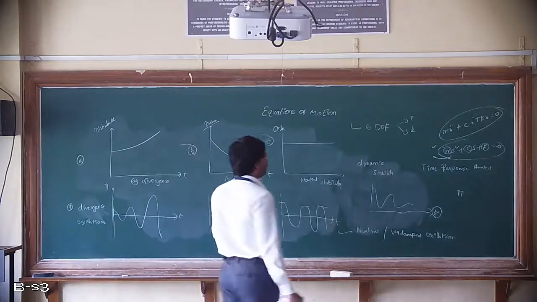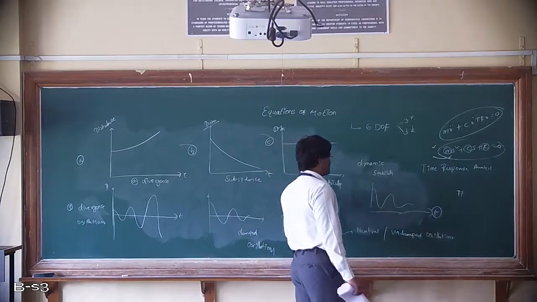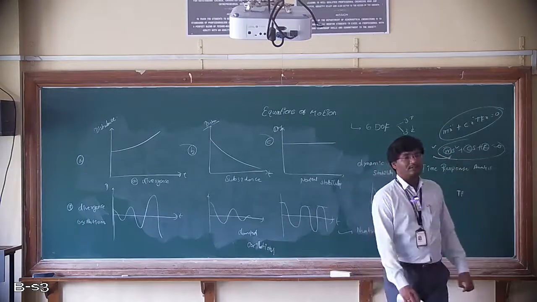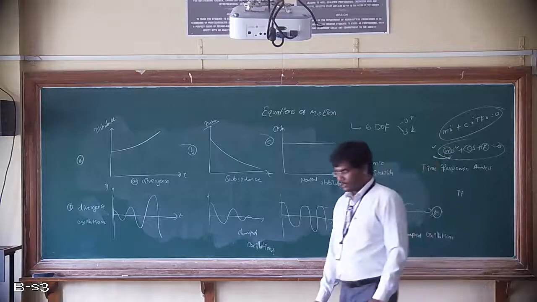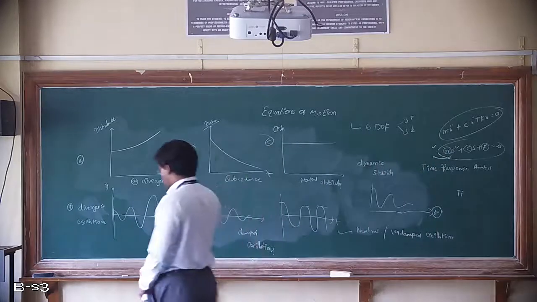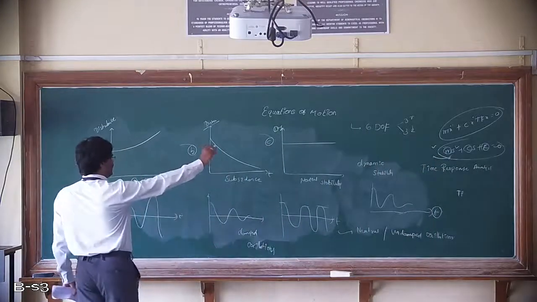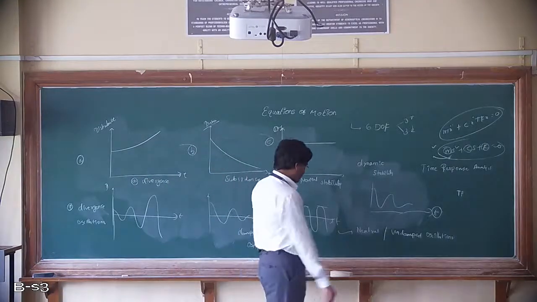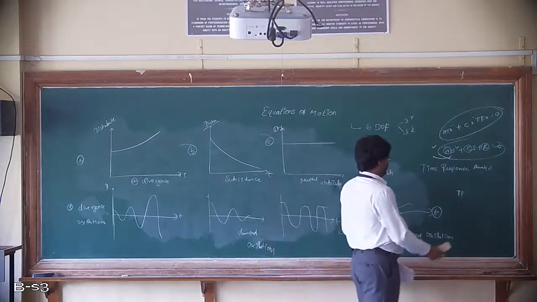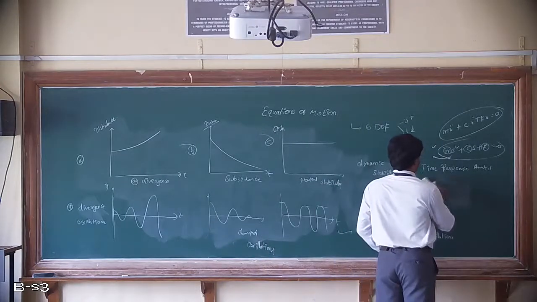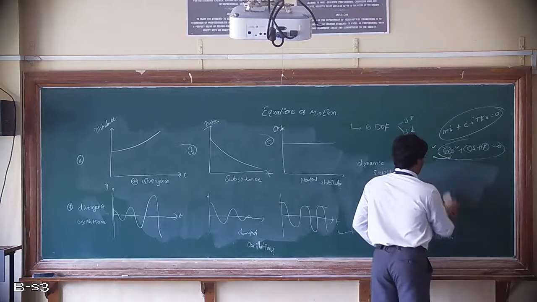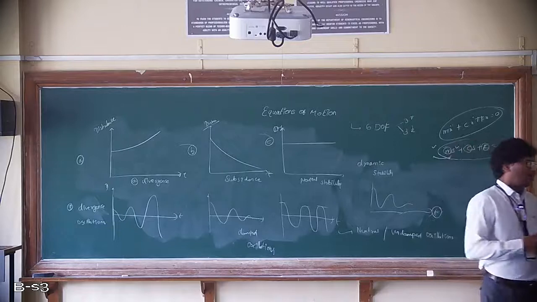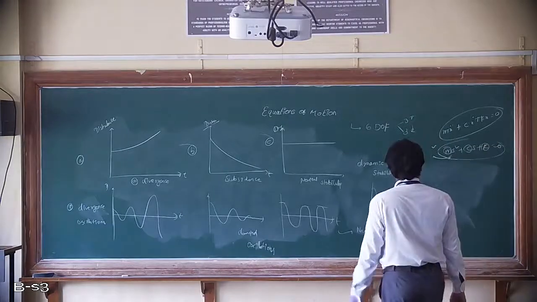How will you define these 6 possible ways of response? Based on the characteristic equation. That is my question. You can define it based on the roots of this characteristic equation. For example, what are the possible roots of this characteristic equation?